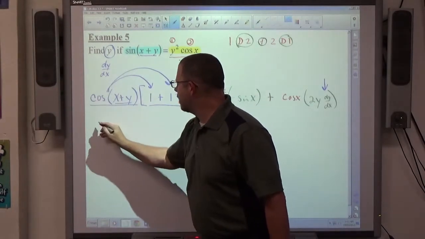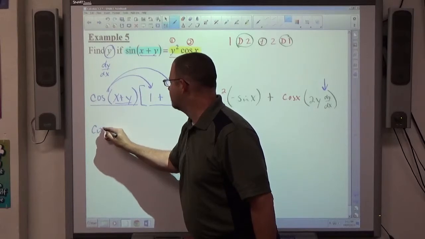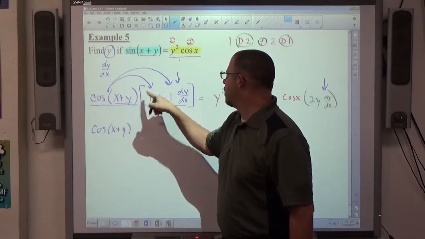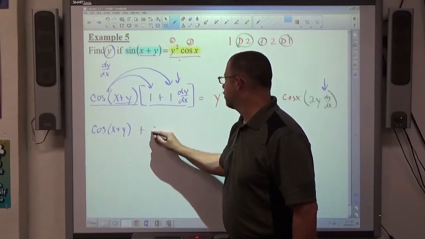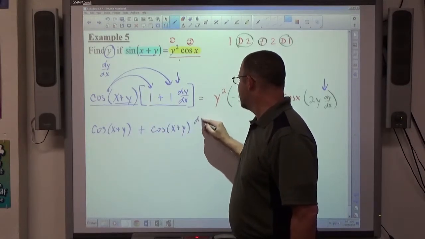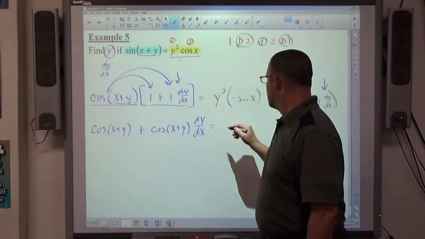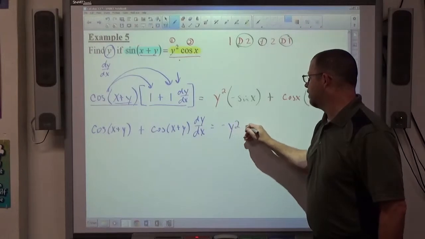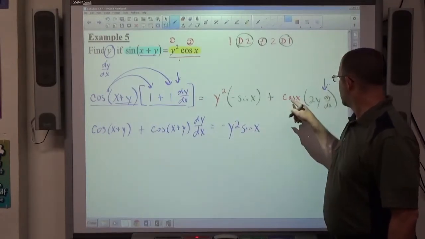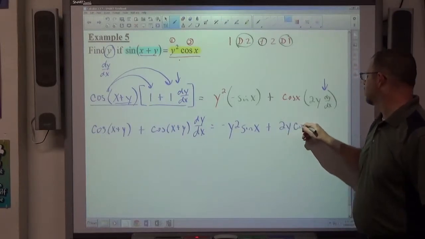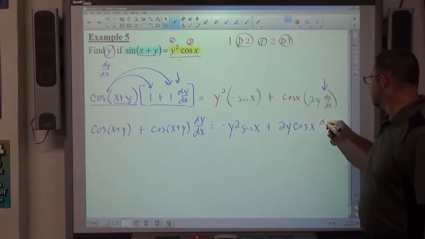Cosine of x plus y times 1 makes cosine of x plus y. Cosine of x plus y times 1 dy dx makes cosine of x plus y dy dx. Y squared times negative sine of x makes negative y squared sine of x. Cosine of x times 2y dy dx makes 2y cosine of x dy dx.